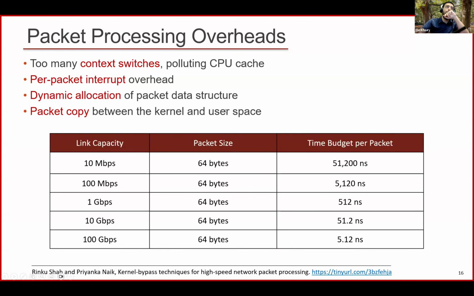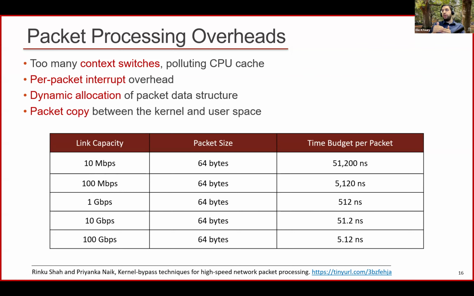So why is this important? Because if we look at this table here, we can see on the first column the link capacity, starting with 10 megabits all the way to 100 gigabits per second. And let's assume that our packets are 64 bytes, small packets, right? So the time budget per packet to achieve the line rate is listed here. We can see that with 10 and 100 megabits per second, that's not a big deal because we have enough time for every packet to be spent in the kernel and to be processed.